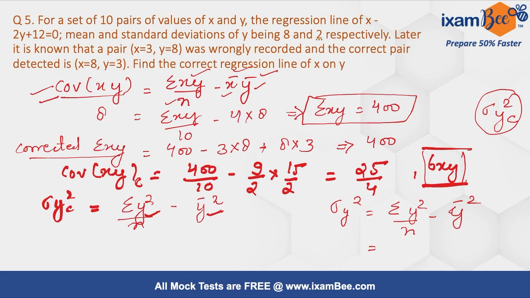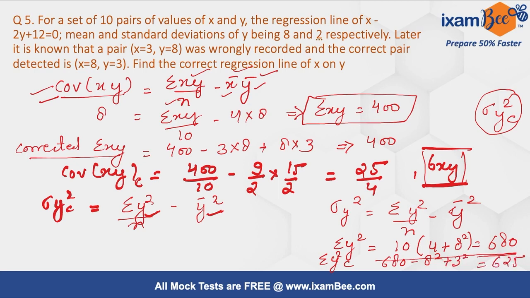So it will be 4 plus 8 square, so it will become 680. So now we have the old value. We can find the corrected value by subtracting 8 square and adding 3 square, so it will become 625.